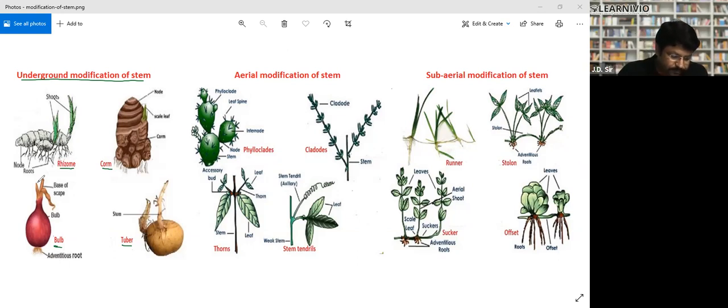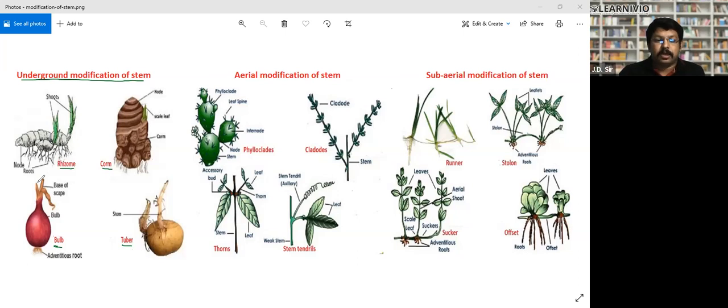Start noting now. It is the perennial, fleshy, underground stem.